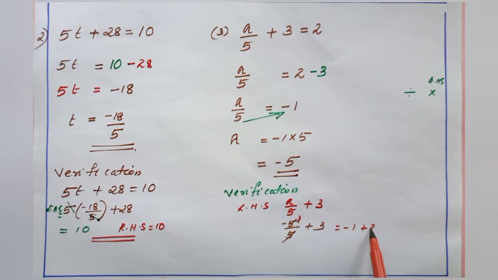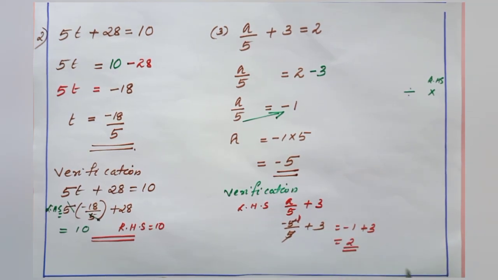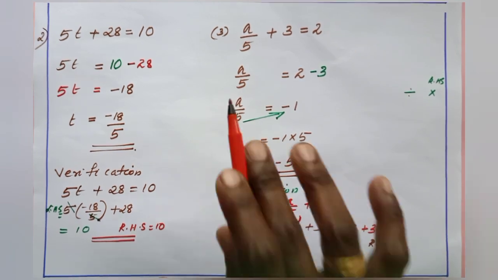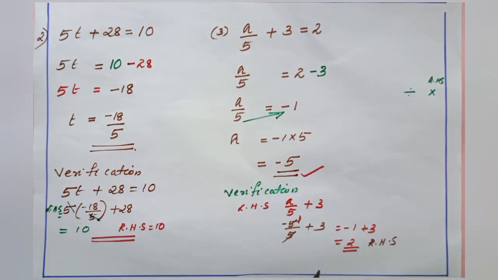Negative 1 plus 3. What is negative 1 plus 3? Yes, positive 2. That is the same as the RHS. So A equal to minus 5 is the correct solution of this equation. Okay. And the next question.